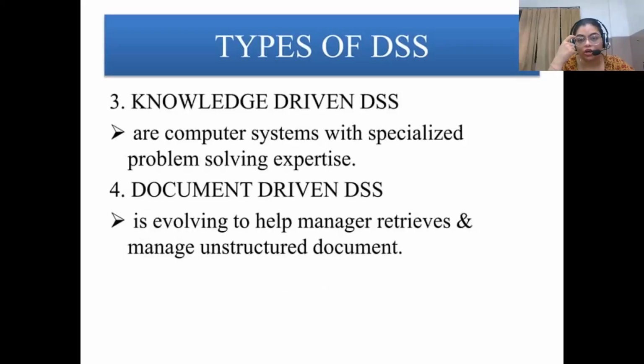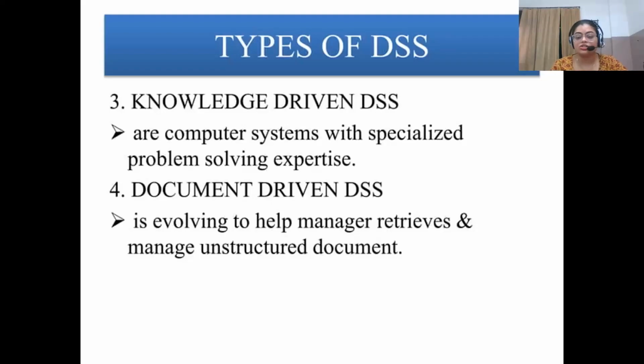Next is knowledge-driven DSS. These are computer systems with specialized problem-solving expertise. In this type of DSS, the data that drives the system resides in a knowledge base that is continuously updated and maintained by knowledge management.